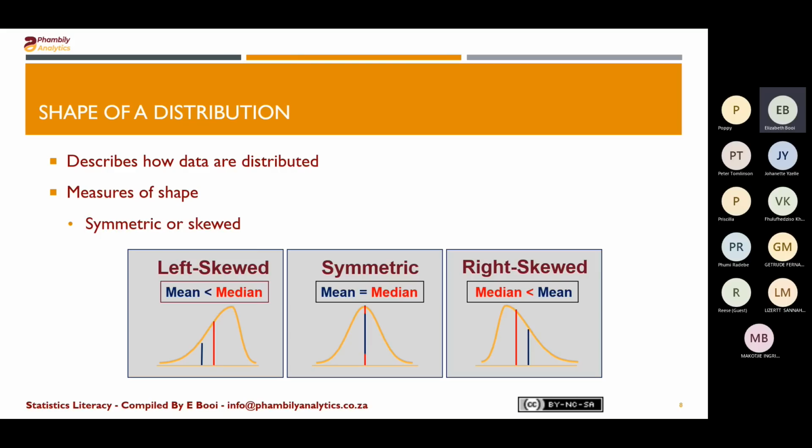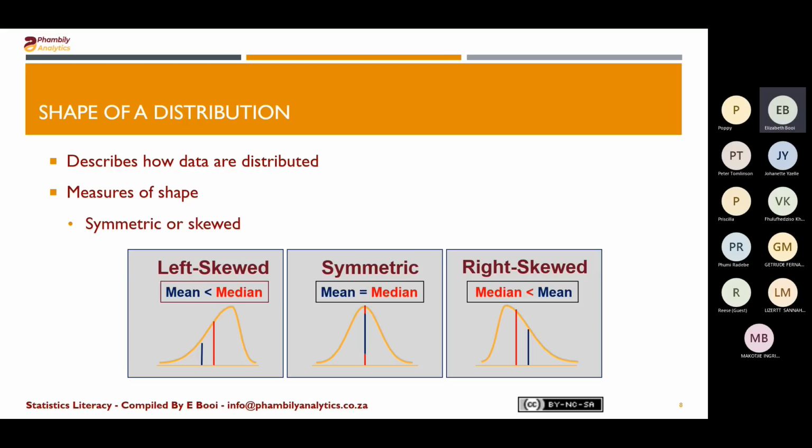Now, when your data is left skewed, it means the tail of your data will be to the left. That will mean that the mean is less than the median.